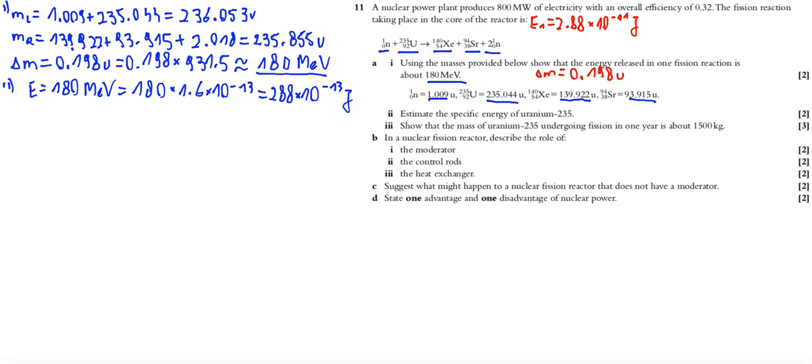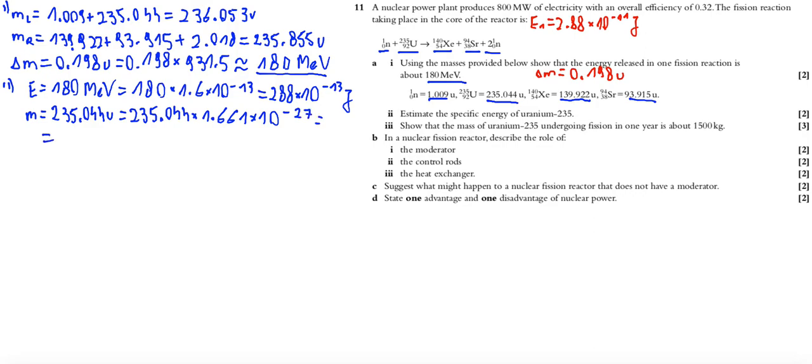And we have to know also the mass of uranium in kilograms. So mass of uranium is given in units, 235.044 units, and to convert it into kilograms you have to multiply it by the mass of 1 unit in kilograms, which is 1.661 times 10 to the power of minus 27. Yes, I remember this number.